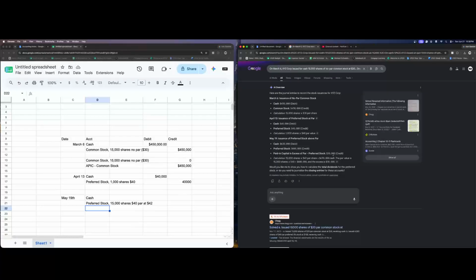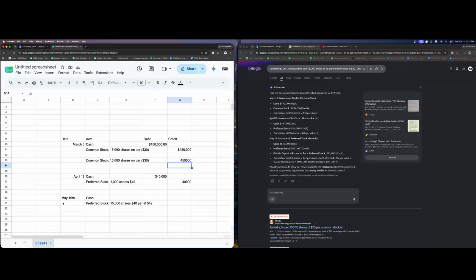Issuance of preferred stock at par. Okay, so this isn't correct here. This is $45,000. That's correct. Issuance of preferred stock at par. That's correct.